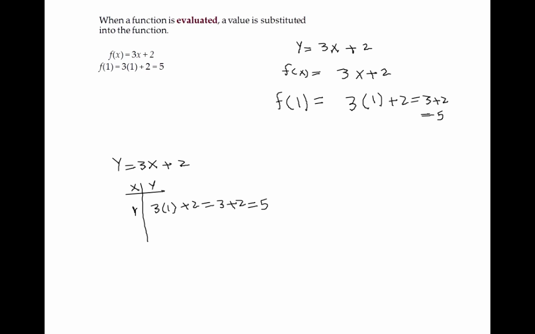I can find not only f of any number, I can find what f of z is. Can somebody tell me what f of z is? If f of x is equal to 3x plus 2, what is f of z? Very good, that would be 3z plus 2.